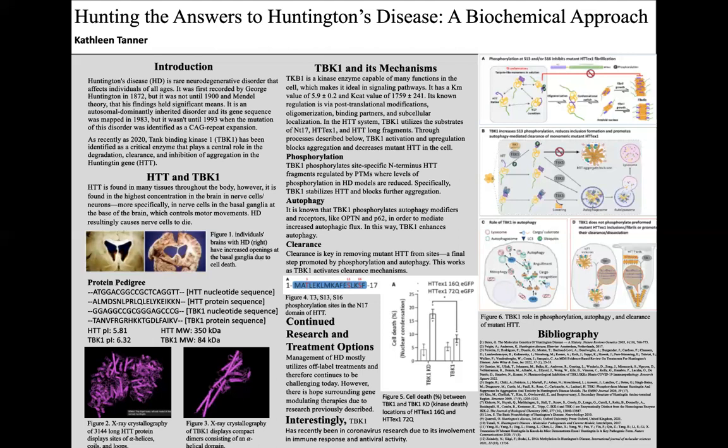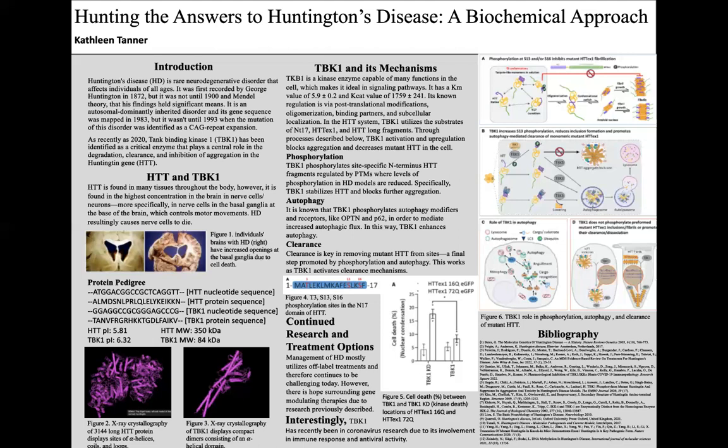In block A, essentially the process of fibrillization of HTT is described, but phosphorylation by TBK1 inhibits this process. In block B, TBK1 site-specific phosphorylation reduces inclusion formation, thus promoting autophagy and autophagy-mediated clearance of mutant HTT.